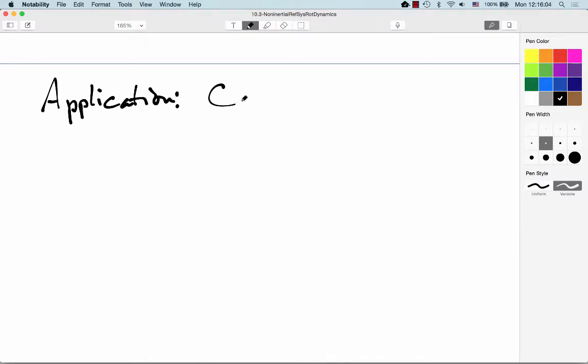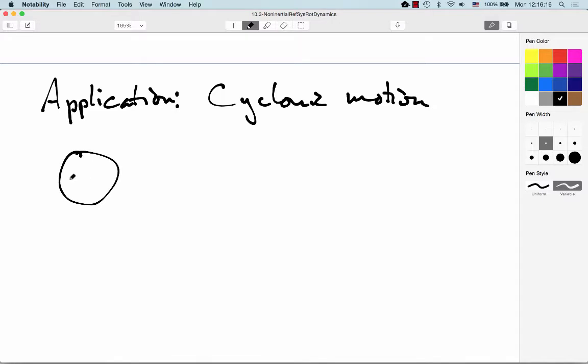Let's look at cyclonic motion. So we're talking about the general motion of the air in the atmosphere. So if we look at how the Earth rotates, we'll make this North America, and then, oh God, that's terrible. I can do a better South America than I can North America.